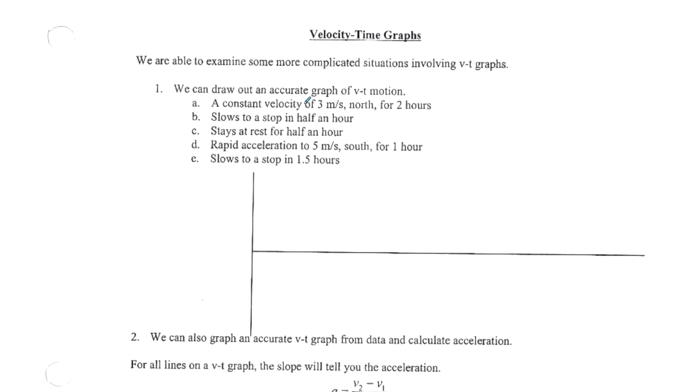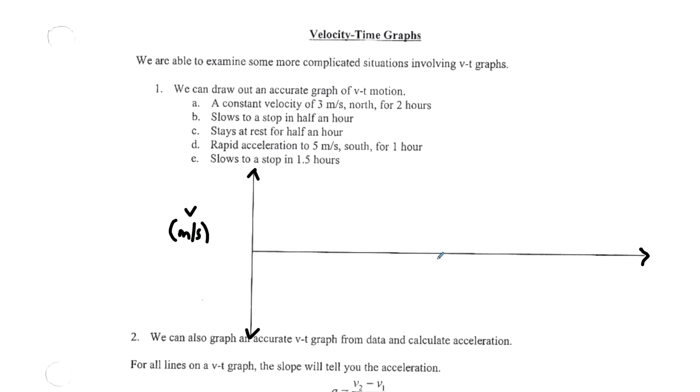We're starting off with a constant velocity of 3 meters per second north for 2 hours, slows to a stop in half an hour, stays at rest for half an hour, and so forth. We want to use this graph to show all these different things happening in sequence. So I'm going to put velocity on the y-axis, and it's being measured in meters per second.